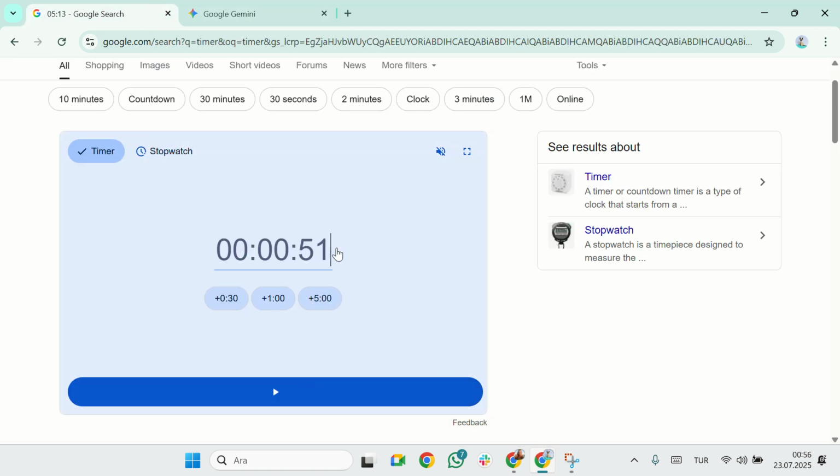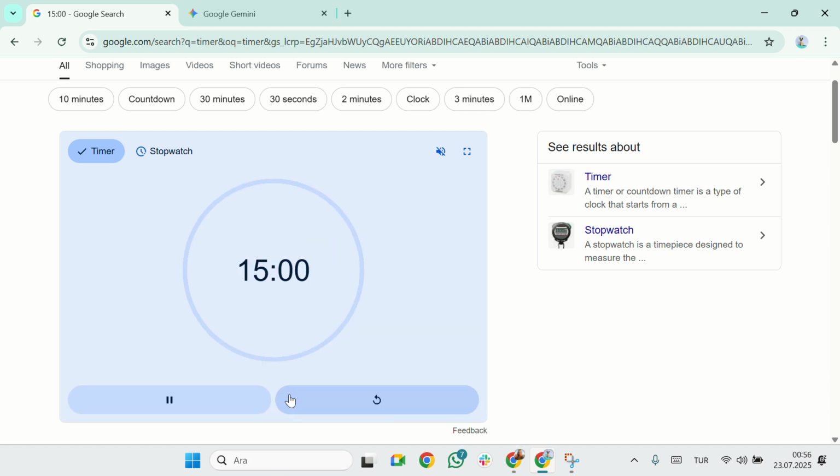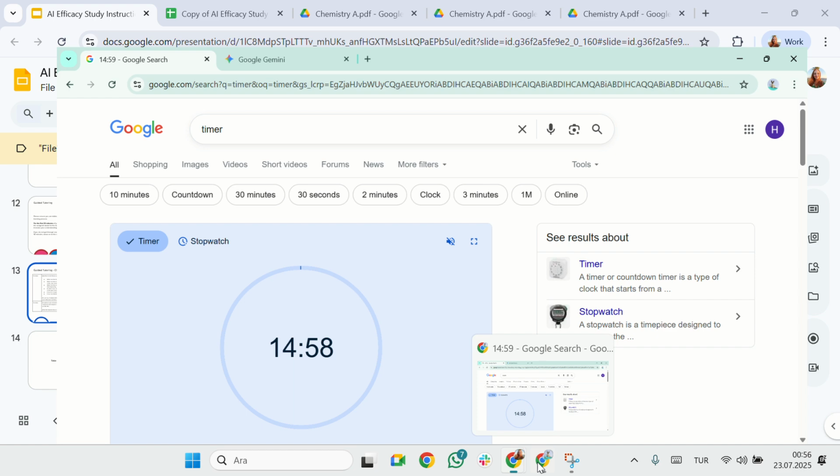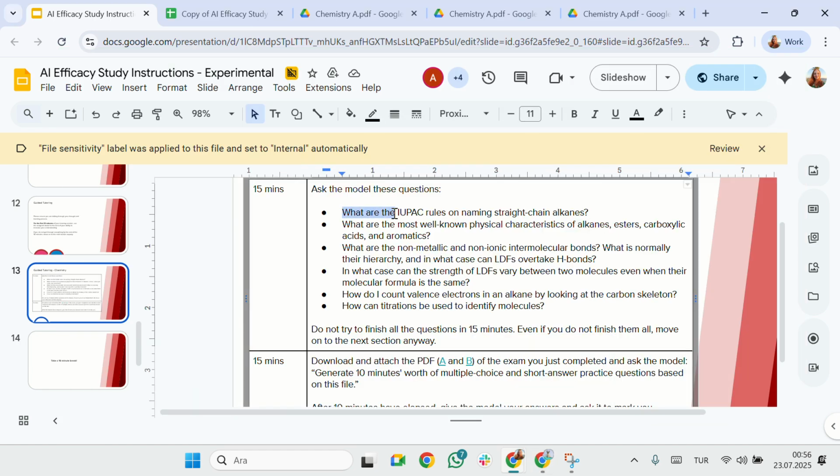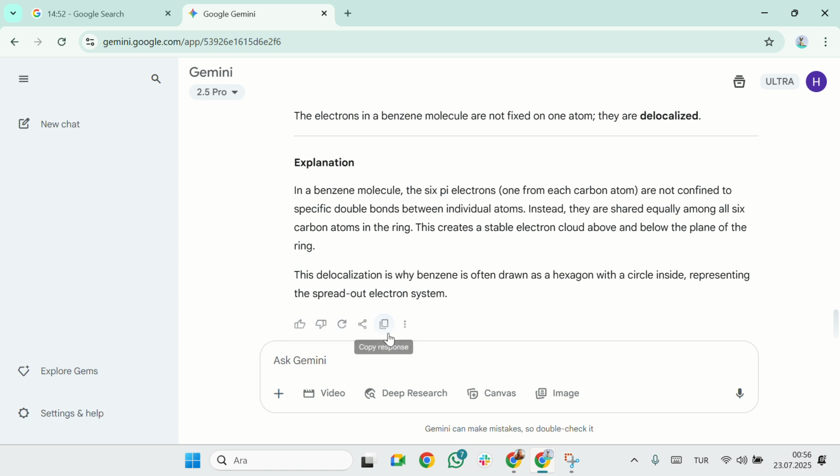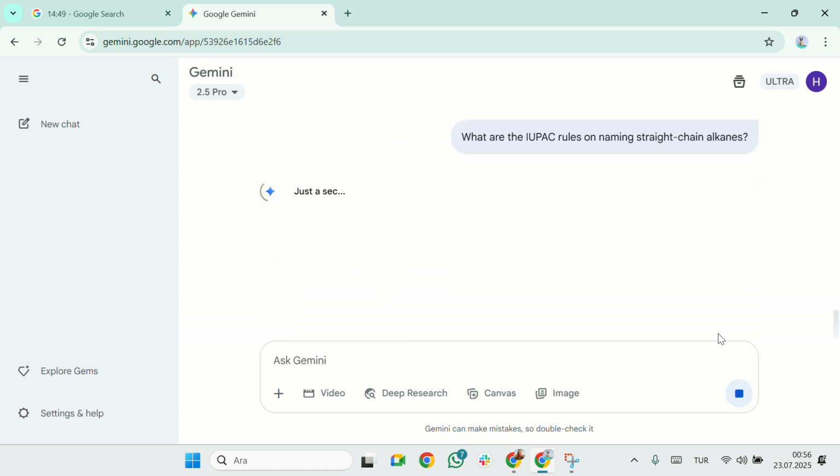What are the IUPAC rules on naming straight chain alkanes? I think I understand this. Let's see the answer.